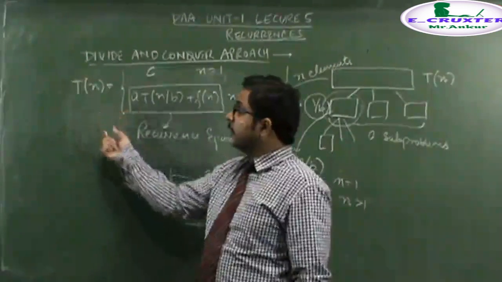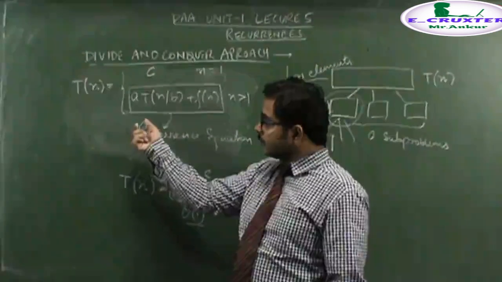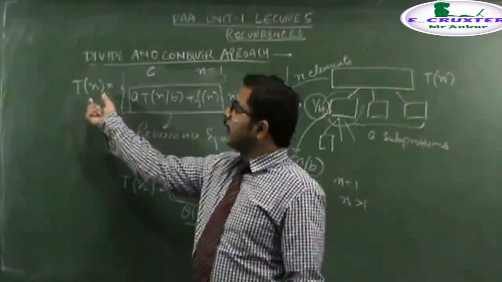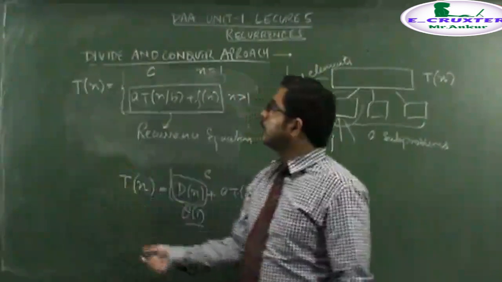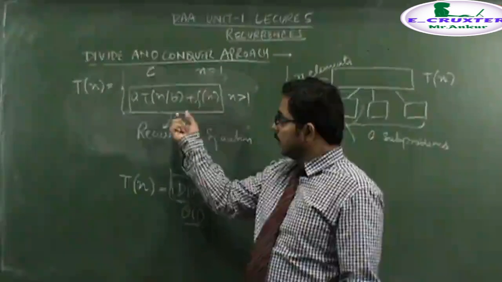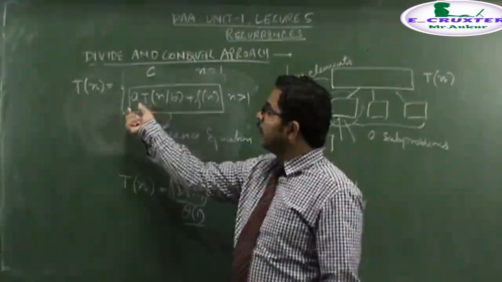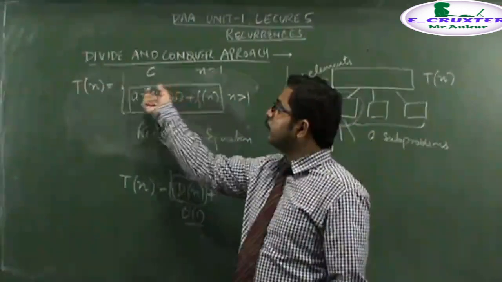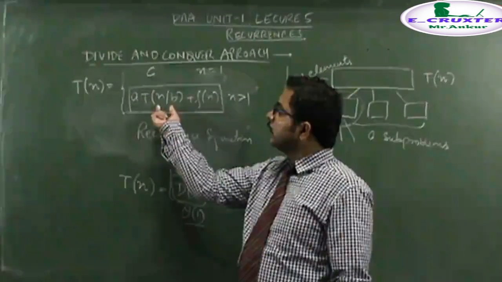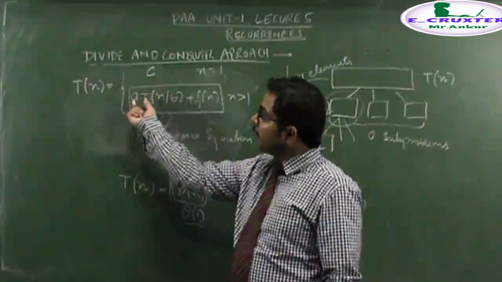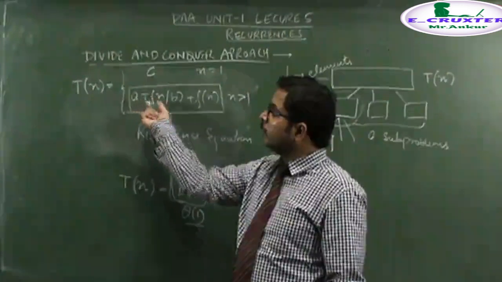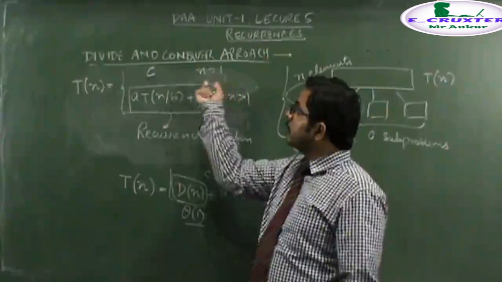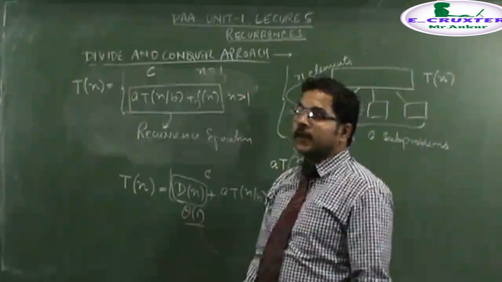If we are solving a problem with n elements, then the total time is the time to solve a subproblems, each of size n/b, multiplied by a, plus the time taken to combine them. This total time is denoted by a recurrence equation.